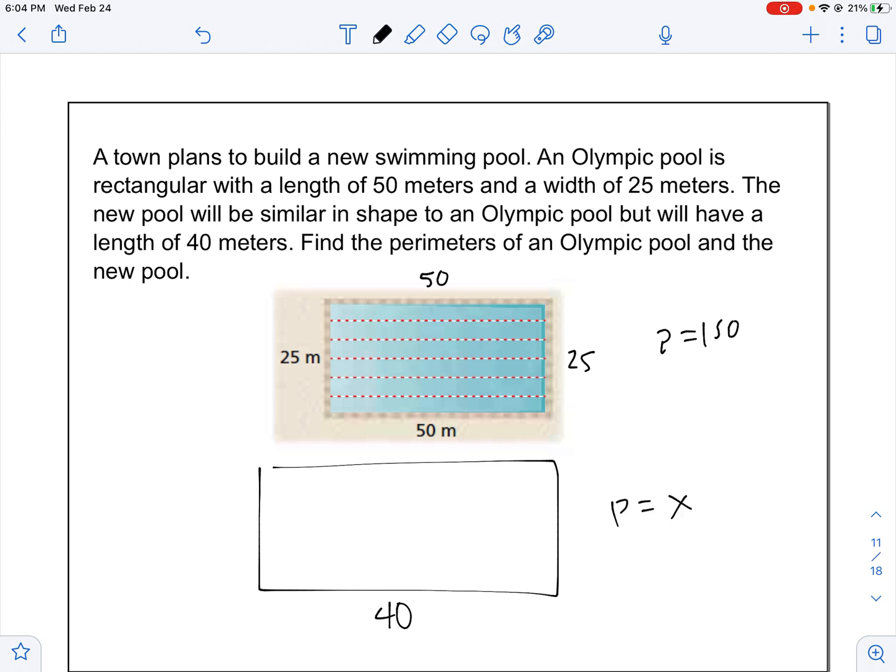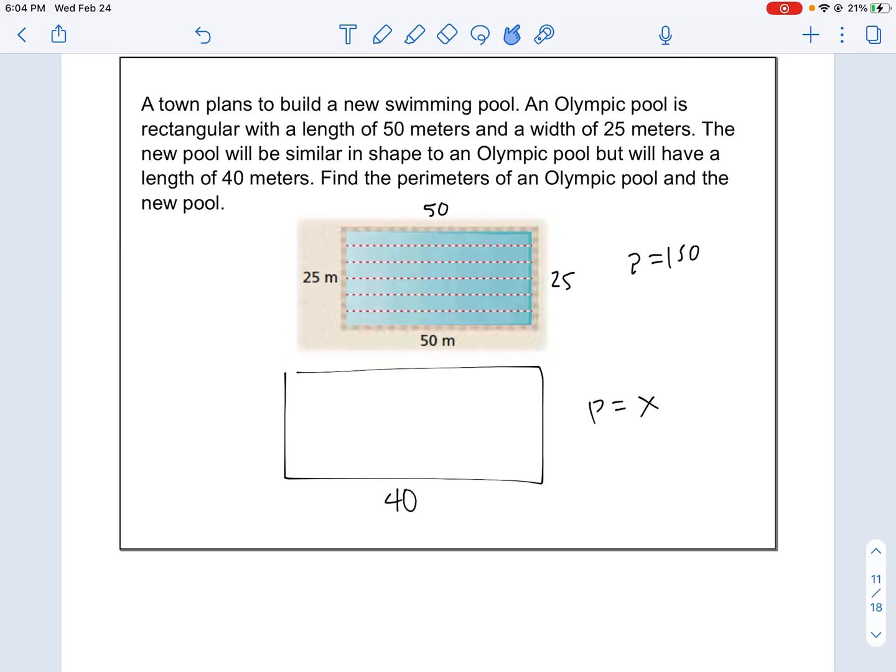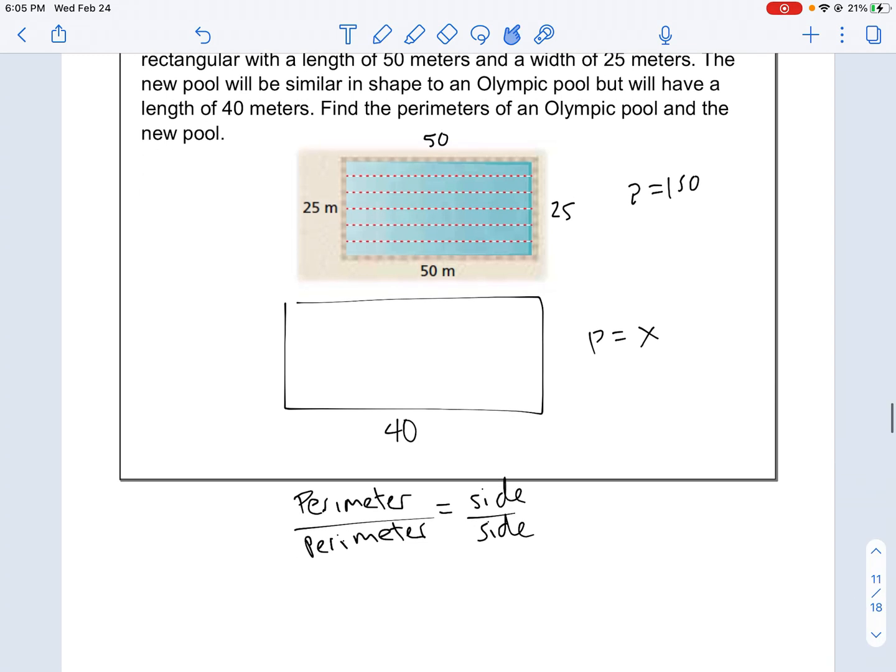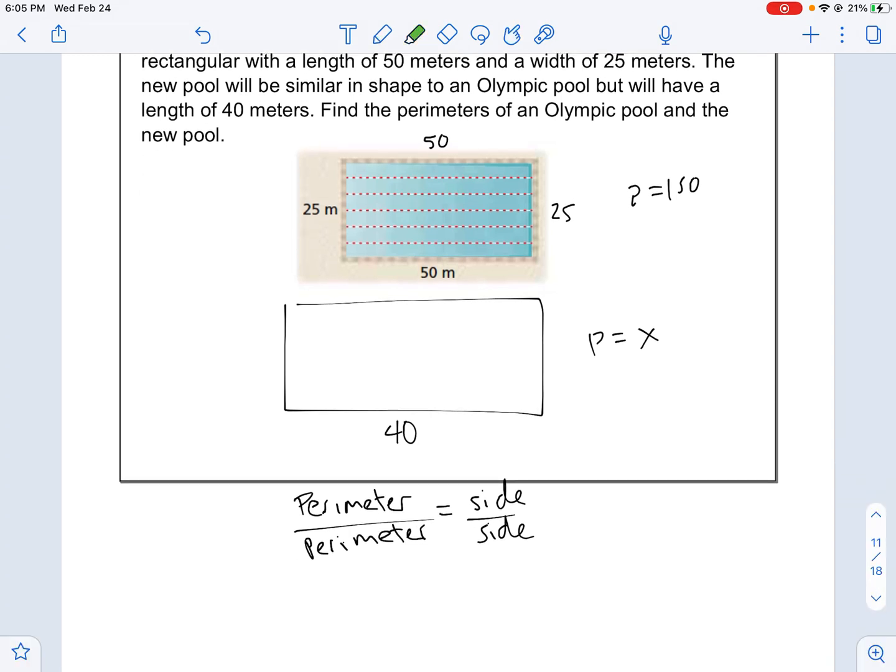We don't know this perimeter, but we're going to use that formula, perimeter over perimeter equals side over side. This is our new one that we're going to, so that's going to be our top numbers.